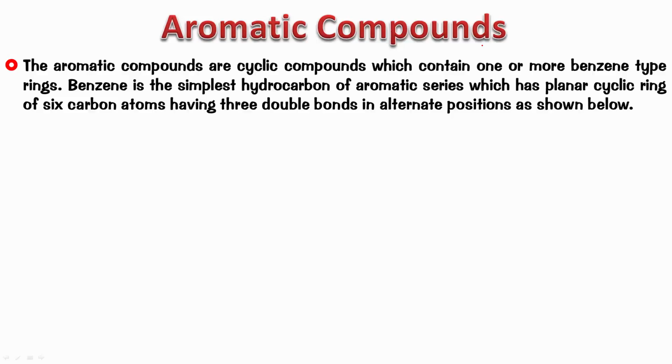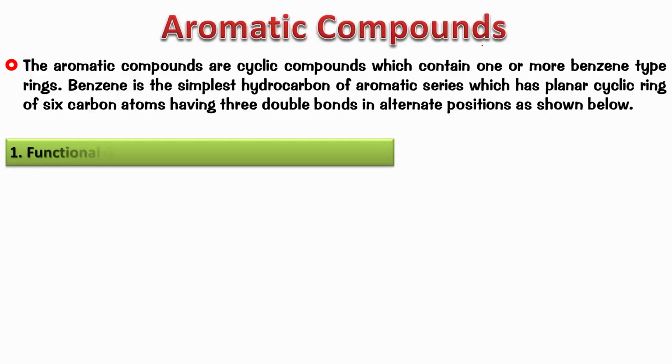Various situations of a benzene ring attached with various types of groups. The first is what happens when a functional group is directly attached to a benzene ring. Functional group attached directly to a benzene ring.